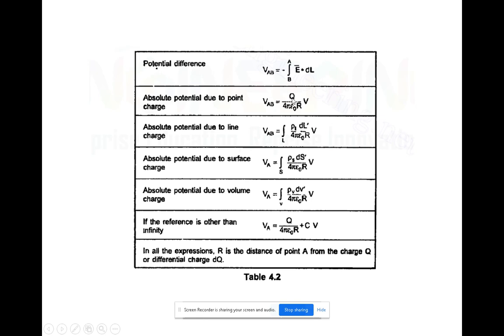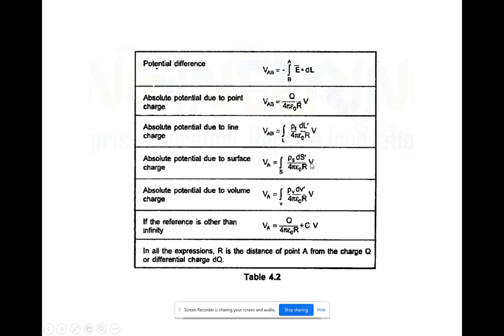Q க்கு பதிலா, point charge க்கு Q ன்னு எடுத்துக்க, line charge க்கு rho dot dl. இதே surface charge க்கு rho dot ds. Volume க்கு rho dot dv. Okay, this is the change for the equation. Okay, இத ஞாபகம் வச்சுக்கணும்னு தான் நான் சொல்லிட்டு இருக்கேன். கவனிக்கலையான்றது எனக்கு தெரியல.